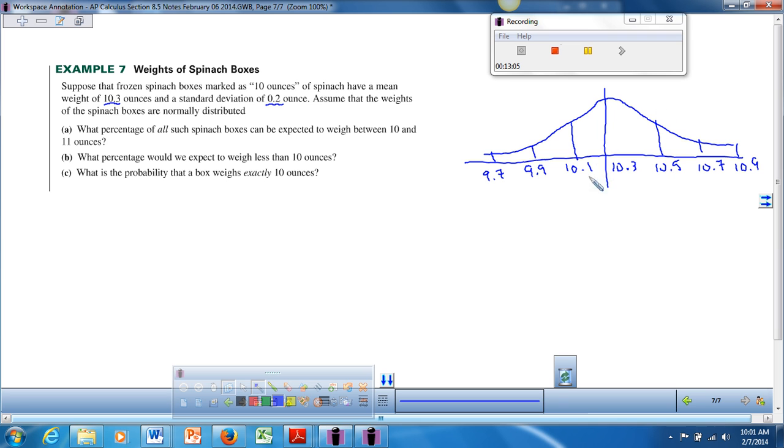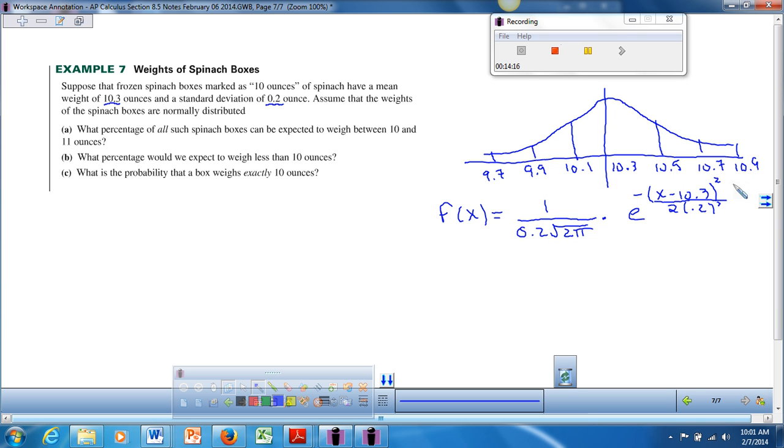Well, if this is a normal probability density function, our f of x for this problem will be 1 over 0.2 square root of 2 pi times e to the negative x minus 10.3 squared over 0.08, which is 2 times 0.2 squared.